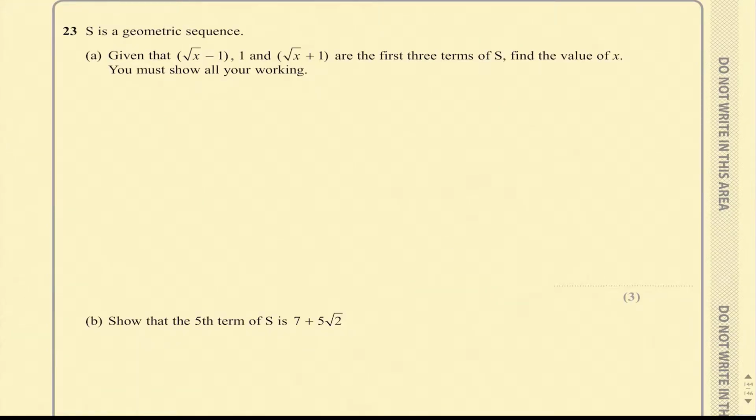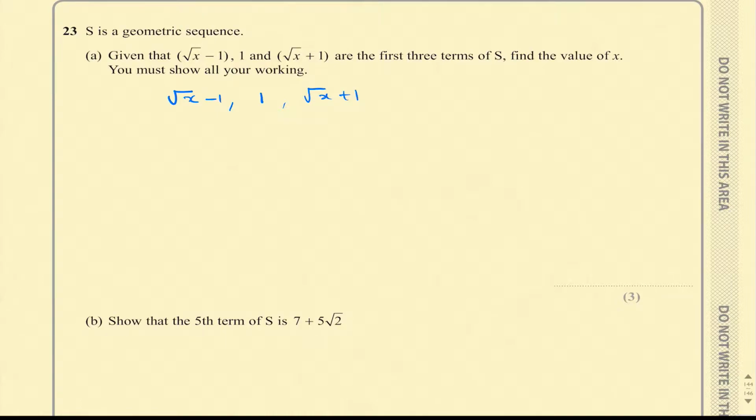Question 23. S is a geometric sequence. Write the terms. The first term is root x minus 1. The second term is 1. And the third term is root x plus 1. We're told to find the value of x.